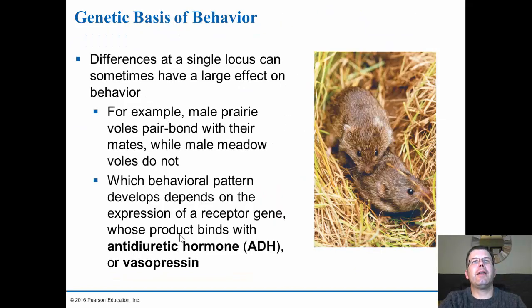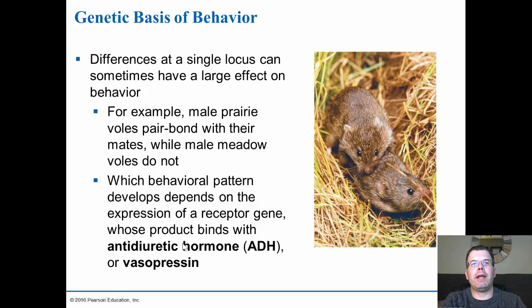Okay, so again, the difference between a single locus, so this is an example where genes will affect behavior in different organisms. So an example, a male prairie vole pair bonds with their mates, while the male meadow voles do not. And based on the genes that they have, in this example, this is a behavioral pattern based on the expression of a receptor gene.